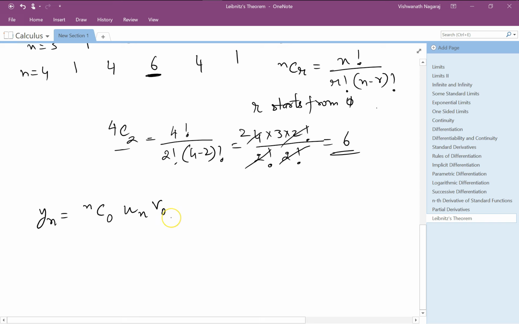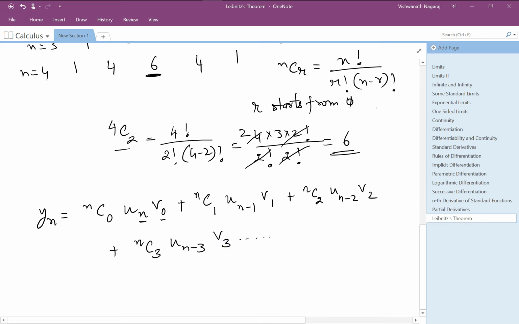I'm writing v0, but remember v0 is nothing but the function itself, plus nC1 u n minus 1 v1. So the subscript of u keeps getting reduced by 1 and the subscript of v keeps getting increased by 1. Plus nC2 u n minus 2 v2, plus nC3 u n minus 3 v3.